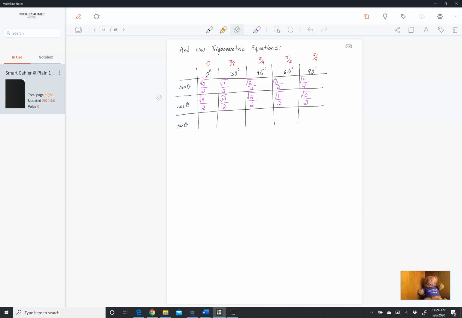And then for tangent, again, we have all fractions here. They're ratios, right, of the sides of a right triangle, so it makes sense that we have fractions. And it's sine over cosine. So those 2's in the denominator cancel out. And here we have 0, 1, 2, 3, 4, all square roots.